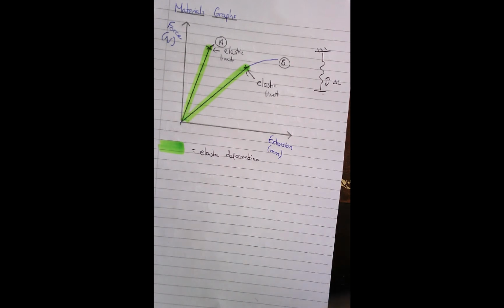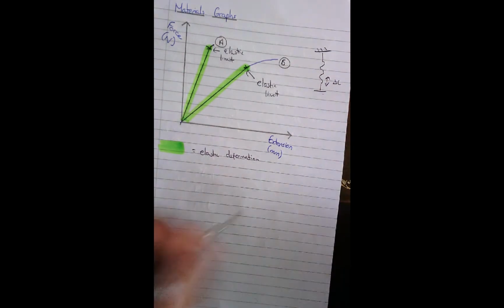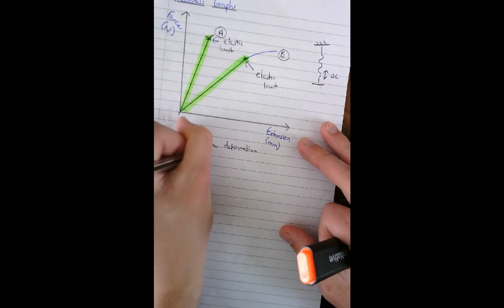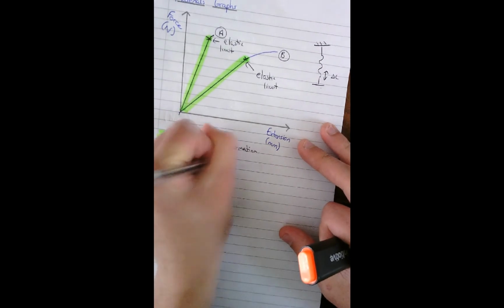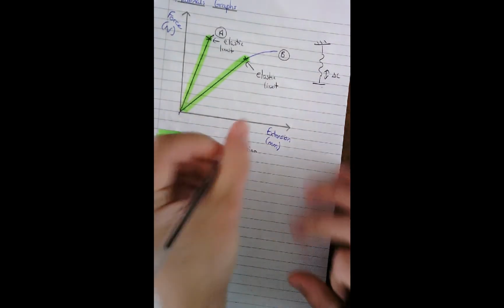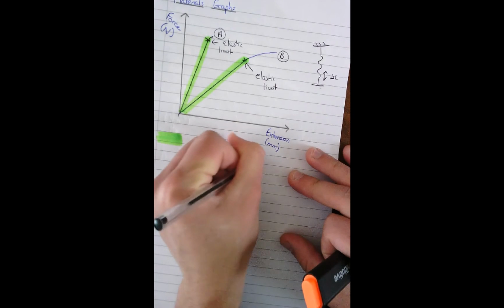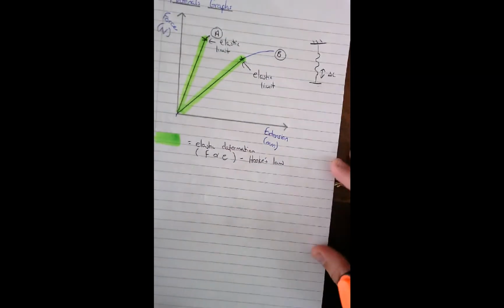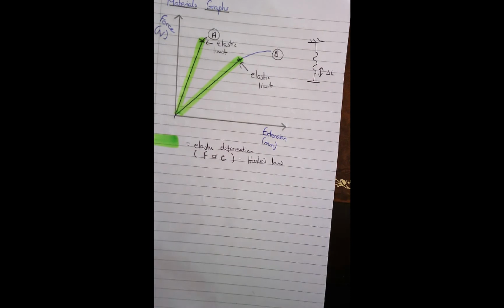Now, if we look at the next part of the graph, during elastic deformation, you're at a point where the force is directly proportional to the extension, i.e. it obeys Hooke's law. After that point, there's a change in its behaviour.